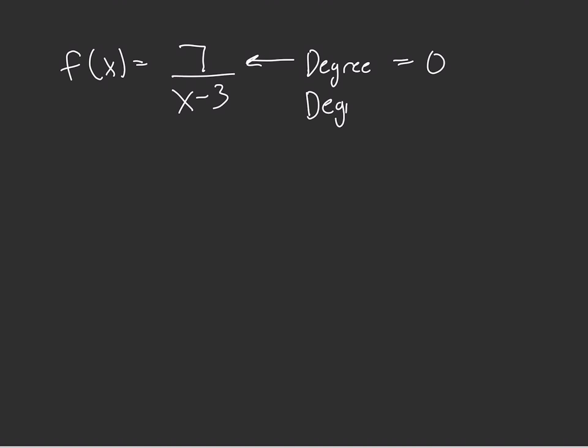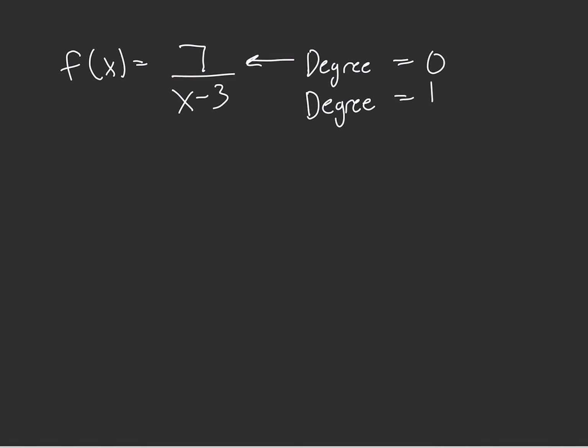Something like this, where, like I was doing, I have this over that, okay? Now, what is the degree in the numerator? Well, since there's no x, we're just going to call the degree 0. Now, in the denominator, of course, you have x to the first, so the degree equals 1, all right?